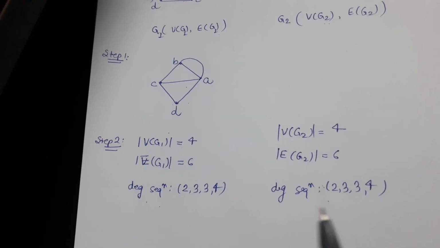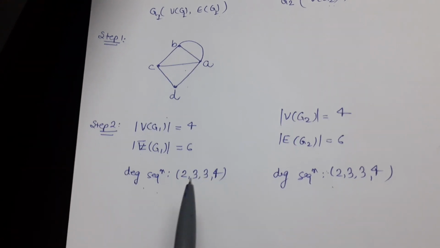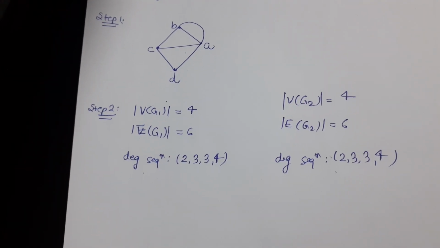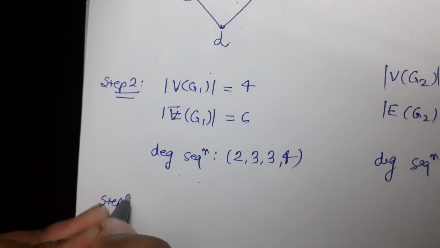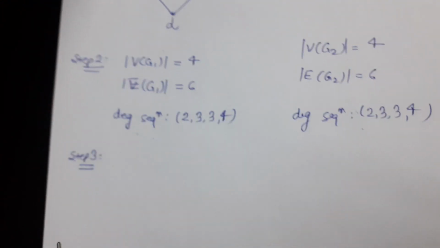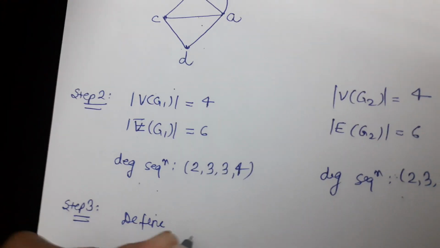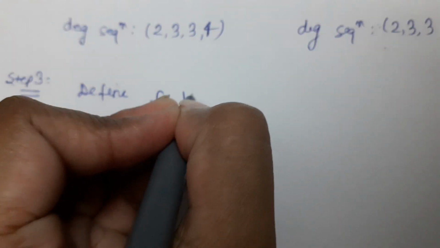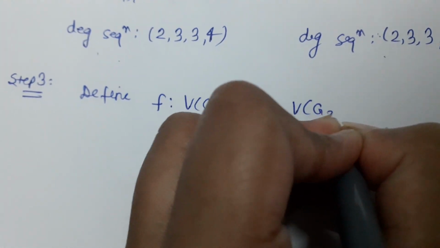Now here we have reached step number 2, where I showed you that the graphs can be isomorphic, with 99% surety. In step number 3, we start the process of proving the isomorphism. Let us define a function f from the vertex set of G1 to the vertex set of G2.